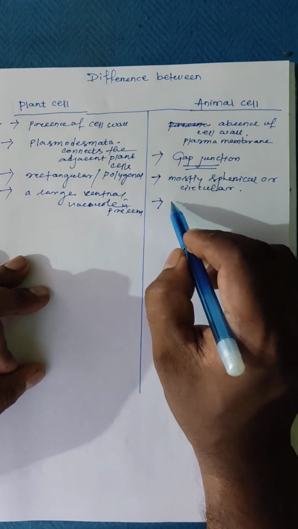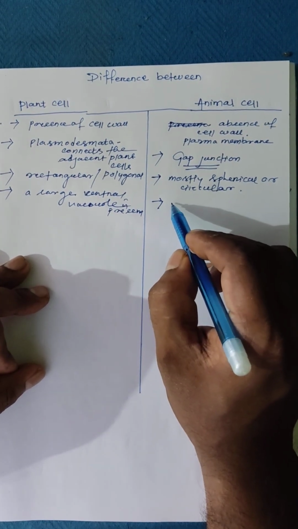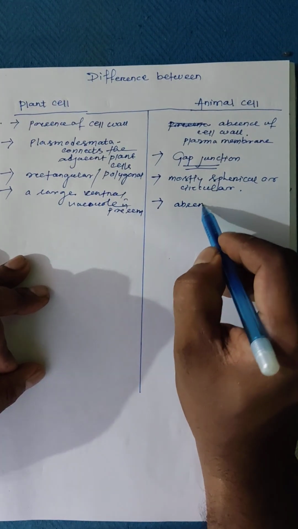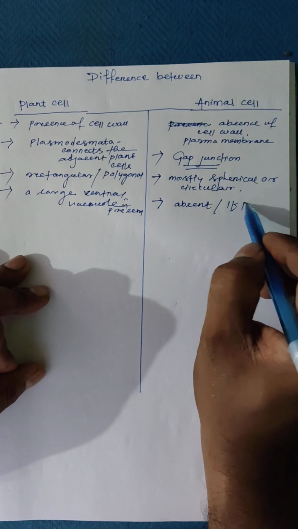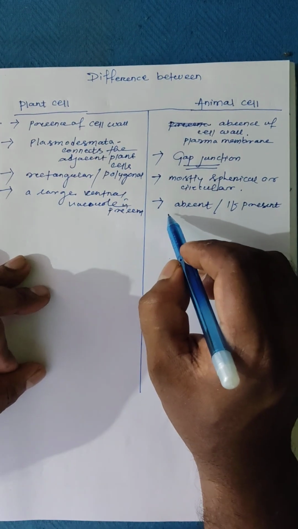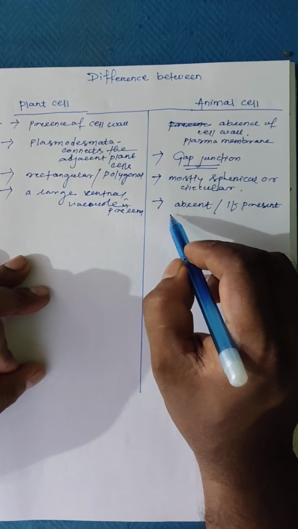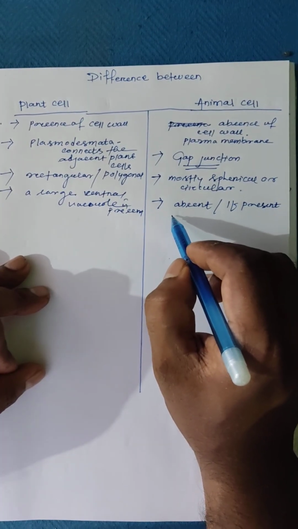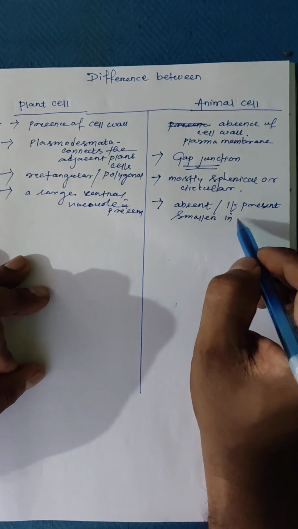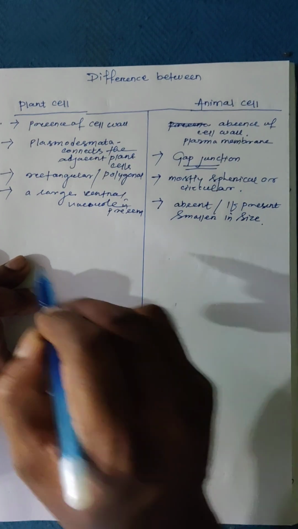But in animal cell, vacuoles may be absent, or if present, they are numerous, many in number, and the size of the vacuoles is very small.